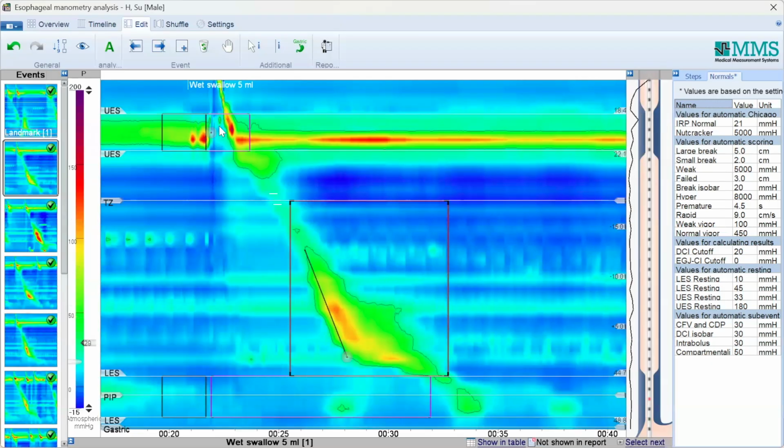At the same time as the relaxing in the UES, there should be relaxing also in the LES. Then this is the progression of the swallow, then to the LES. Then we call it recovering for the swallow. It will be finished.